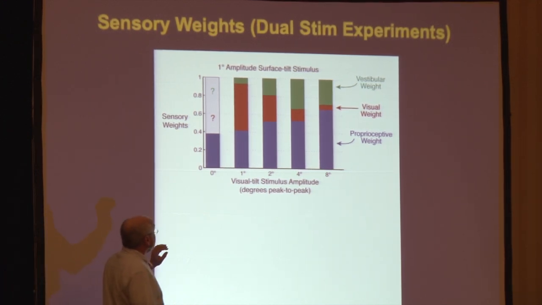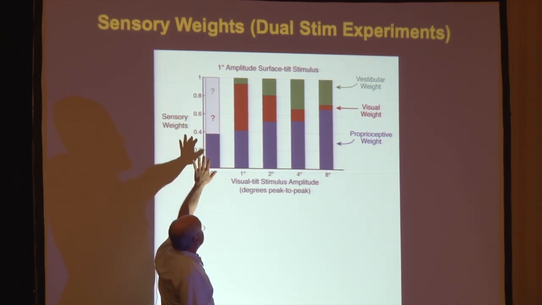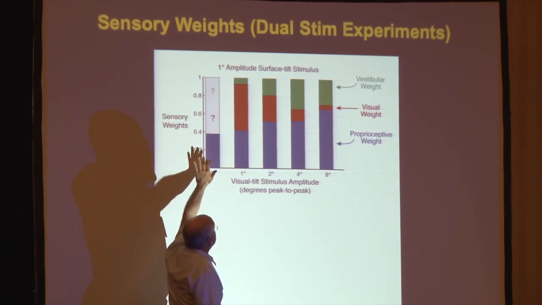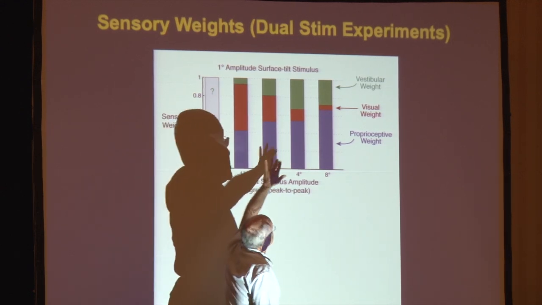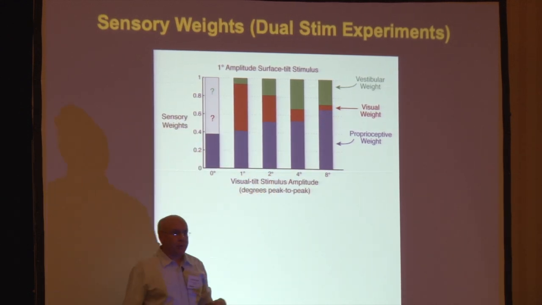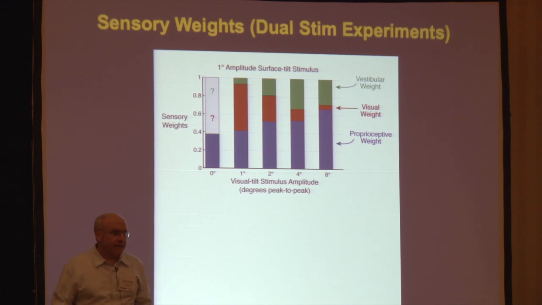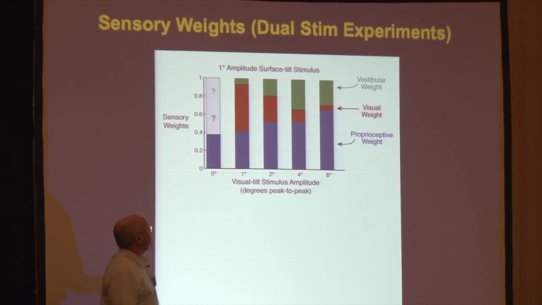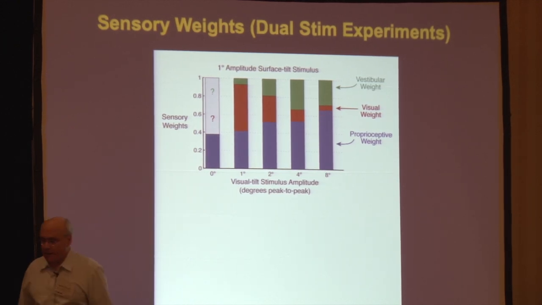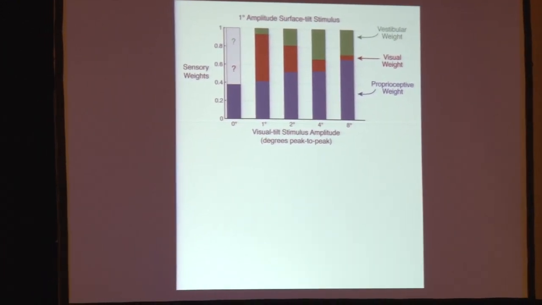And so even though the surface tilt stimulus remains the same, as you increase the visual stimulus amplitude, the blue is you start to rely more and more on proprioception, even though that's, say, inaccurate because it's constantly moving. So the visual weight down weights, proprioception up weights, and vestibular up weights to compensate.